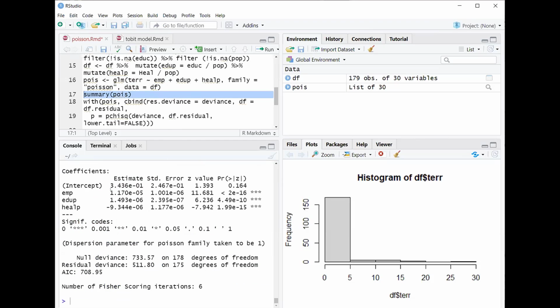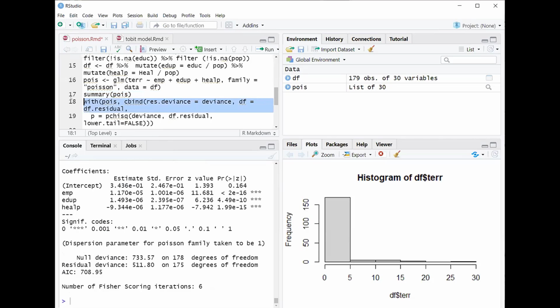So if there is a 1% increase in employment, there is a 0.00017 increase in terrorism victims. So health is reducing terrorism, education and employment are increasing terrorism. So there must be some reason, but we are here to learn how to use this model.